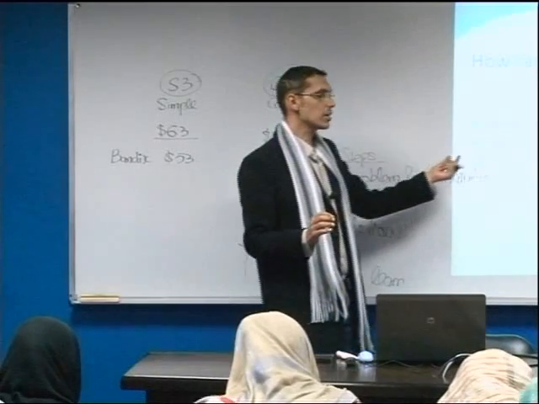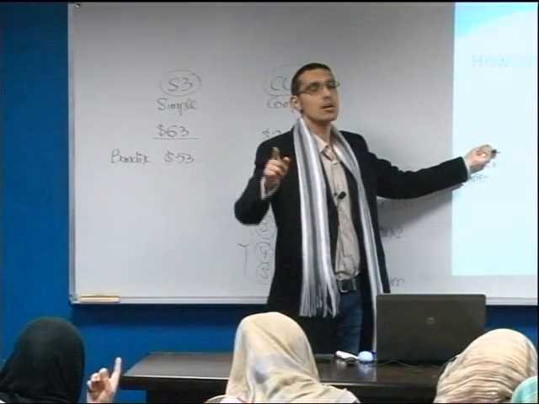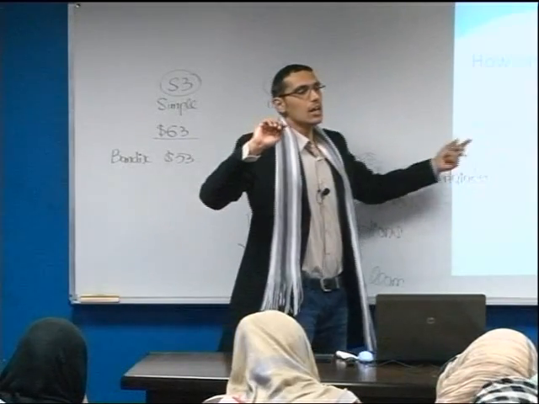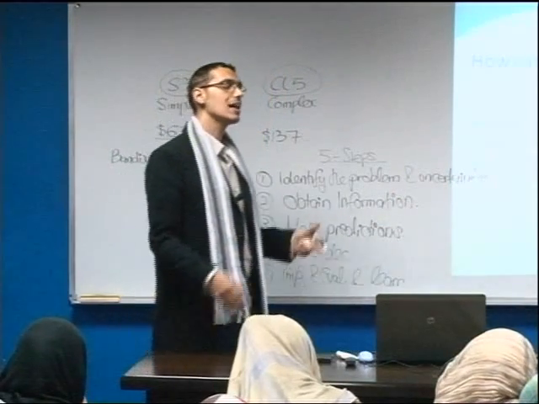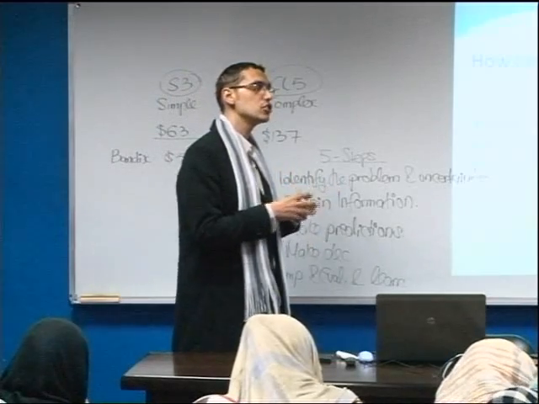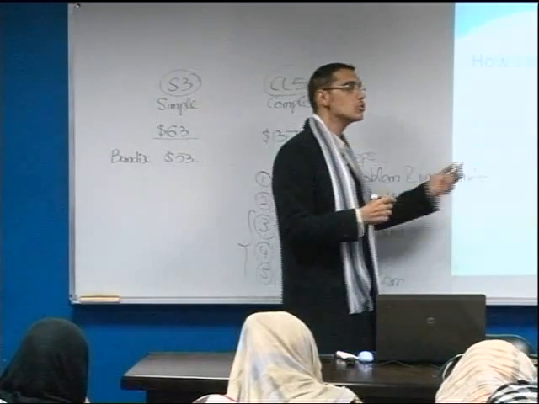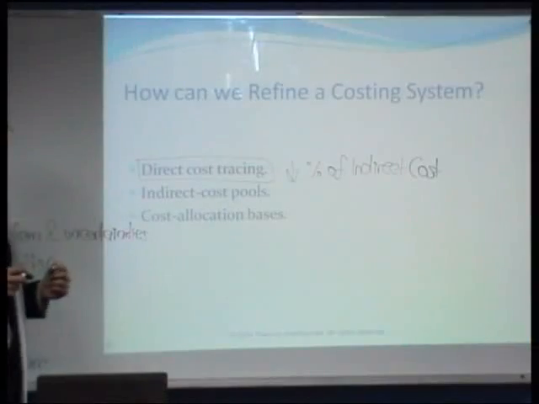Step number 2 that we can make, excellent. As we talked about in Cost Accounting 1, we said that we need to determine homogeneous cost pools or indirect cost pools.